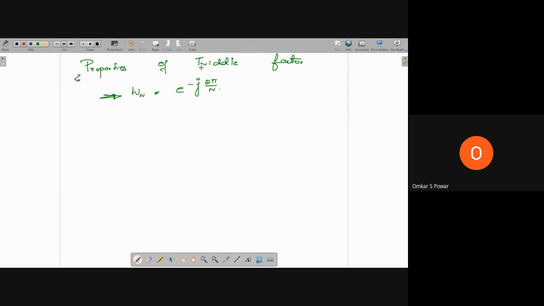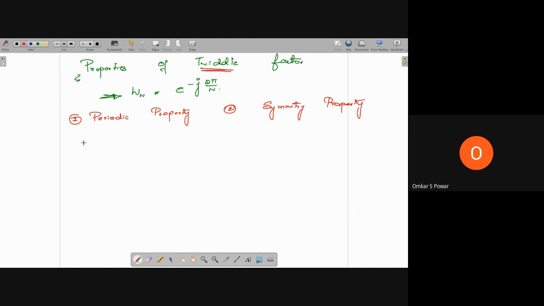For this Twiddle factor, we are going to discuss two properties. The first one is the periodic property. Then I'm going to discuss the symmetry property of Twiddle factor.